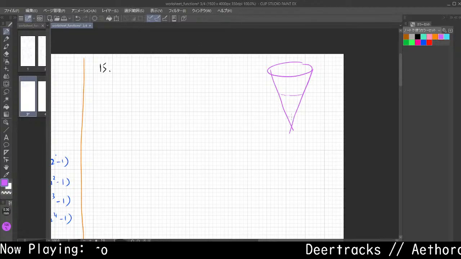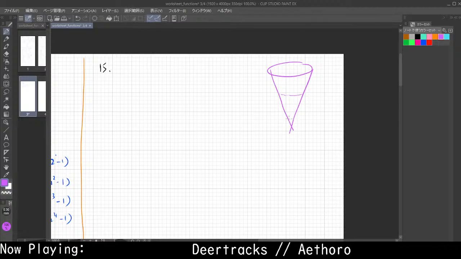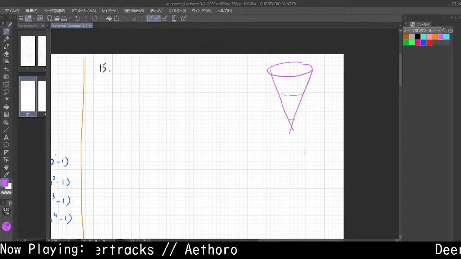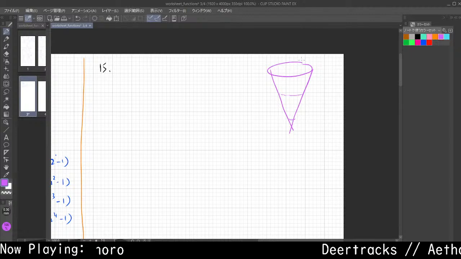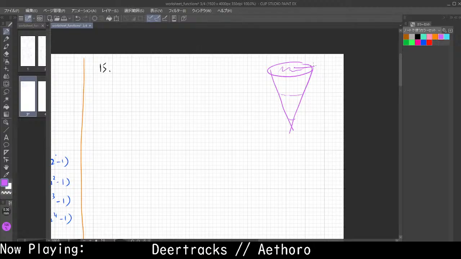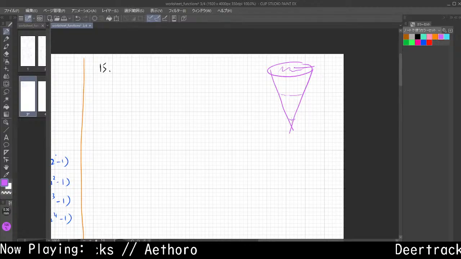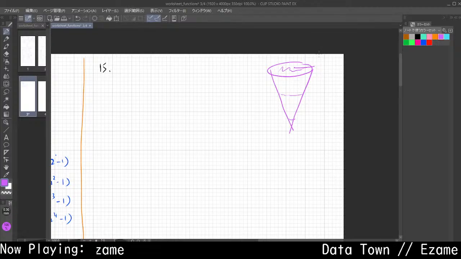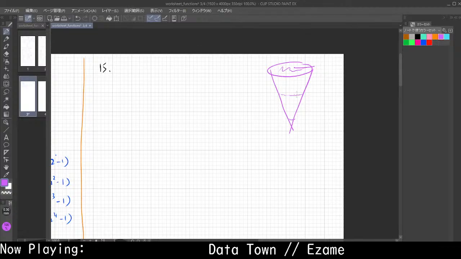Because if your water surface is at the bottom over here, the radius of your water surface is definitely very small. If your water surface is around here, then your radius is obviously very large. So the radius of the surface of water actually increases when you fill your cone up with liquid. Yes, so that's why this is the case.